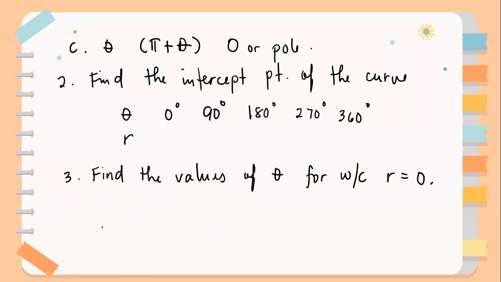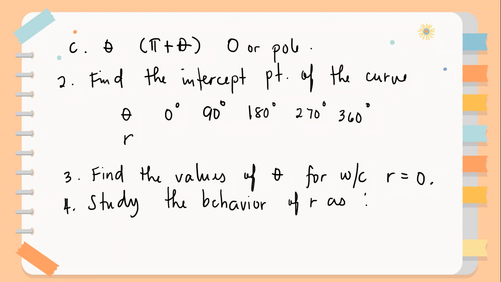Then number 4, study the behavior of R as theta increases through the various quadrants.